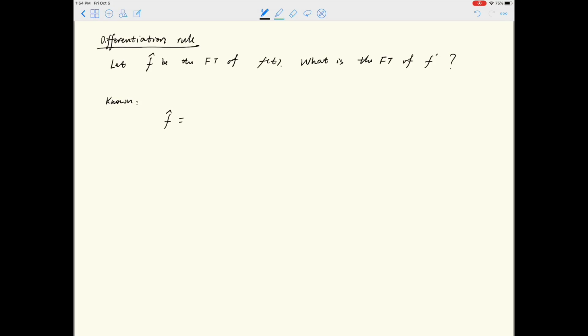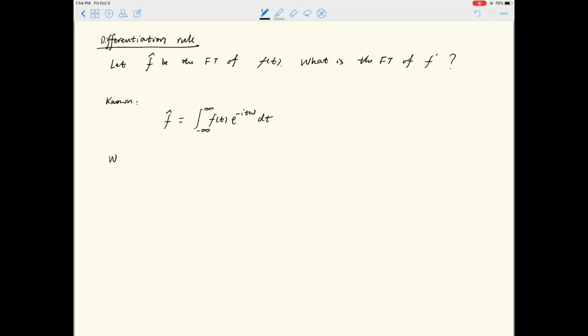Now f hat is the Fourier transform of f. So f hat equals the integral from minus infinity to positive infinity of f of t e to the minus i t omega dt. So that is known.